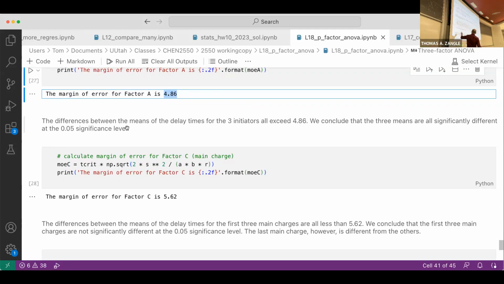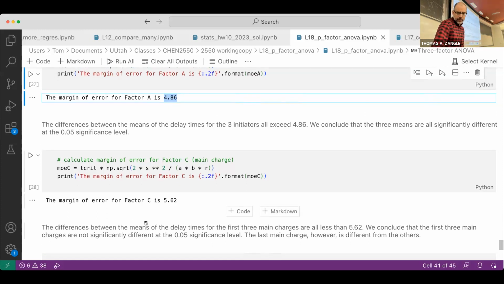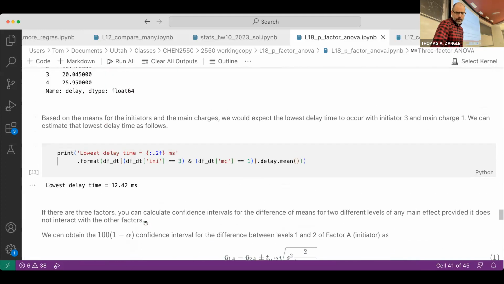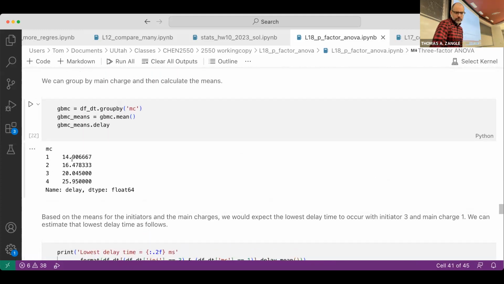We can do the same thing for factor C, the main charge, and we have a margin of error there of 5.6. If we look at the means of delay times for the main charges, I'll just scroll up, this is the differences in means for the main charges. We saw that the differences among these first 3 means here were less than that 5.6.